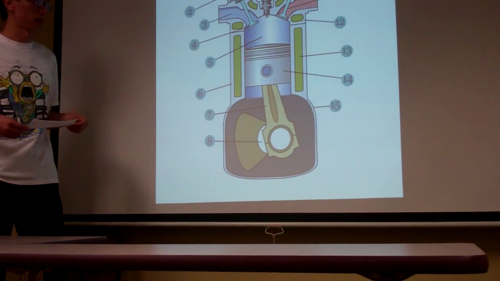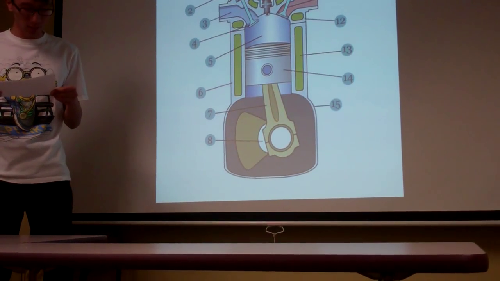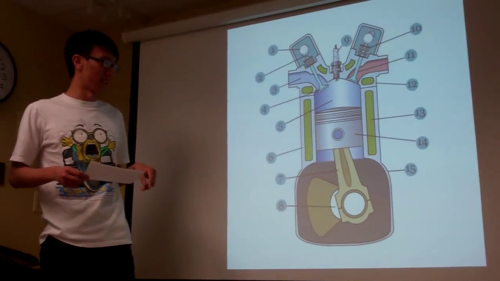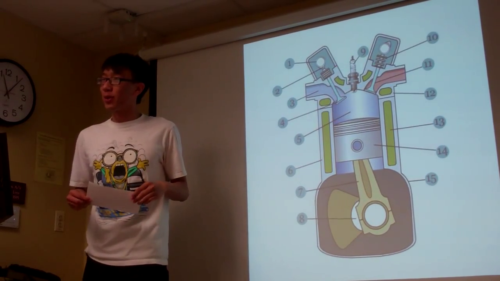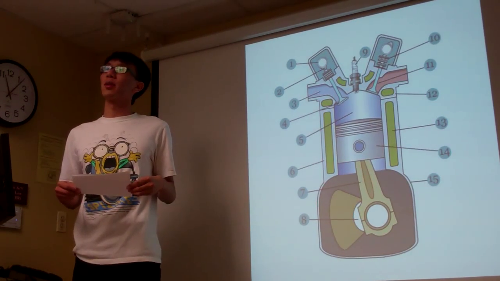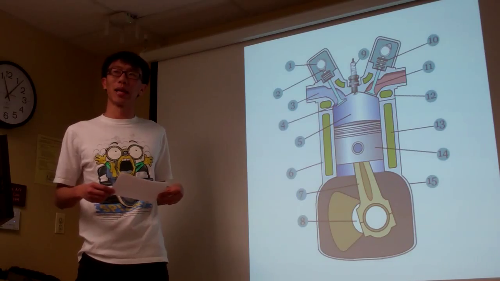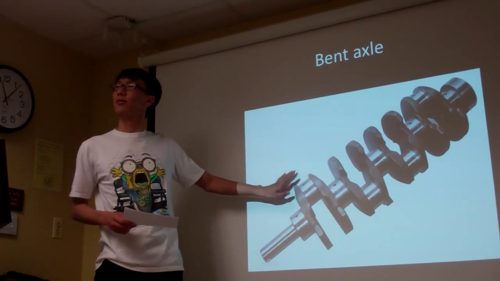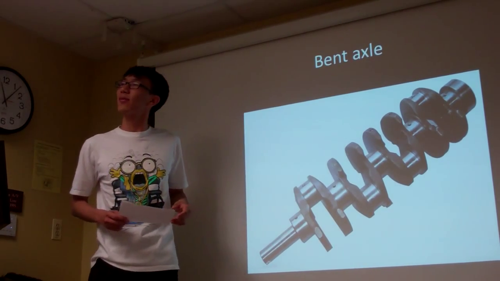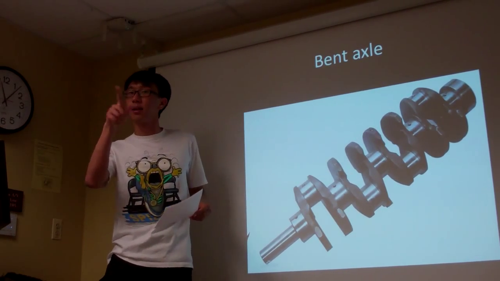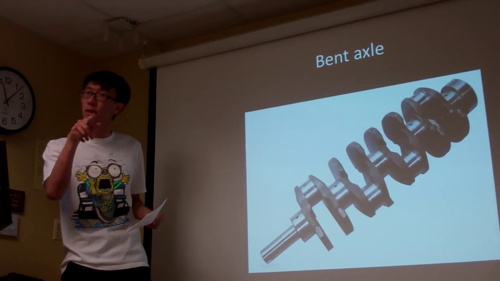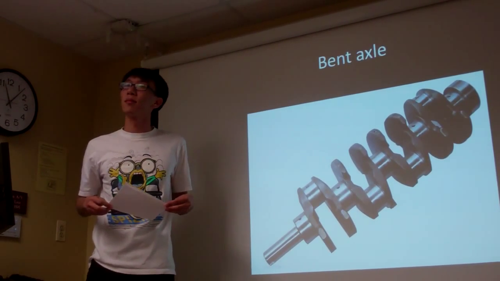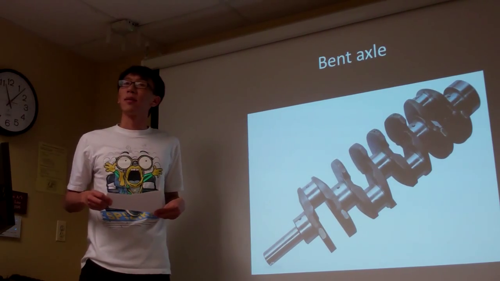So I'm going to ask a couple of questions. It's very easy and not so complicated. First one, do you know the rotate speed of this axle? Like how many rounds per minute? In the car, maybe 3,000 rounds.